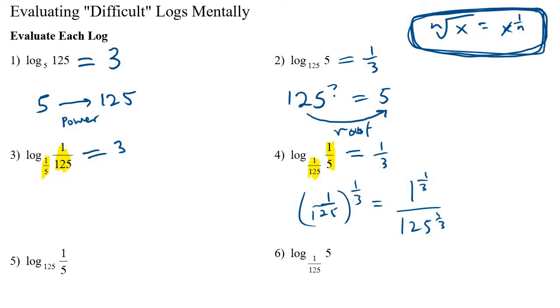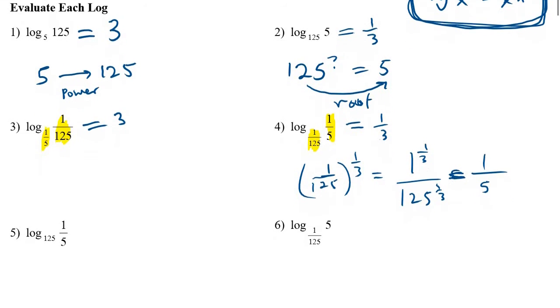So 1 to the 1/3 is just 1. 1 to the power of anything is 1. And then the cube root of 125 is 5. So it works.